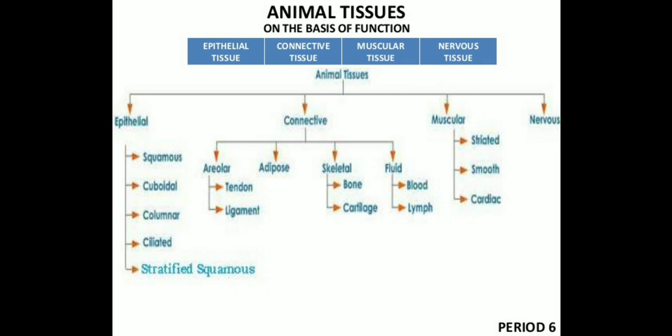Skeletal connective tissues consist of bone and cartilage, and fluid connective tissue consists of blood and lymph. Next is the muscular tissue, which consists of striated, smooth and cardiac. And lastly, nervous tissue. So about animal tissues we will see the details in the next class.